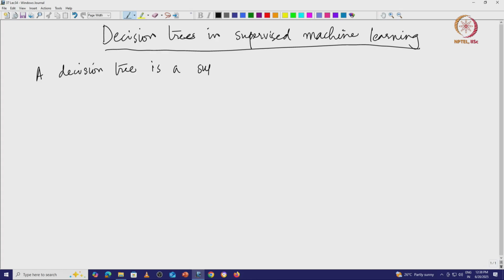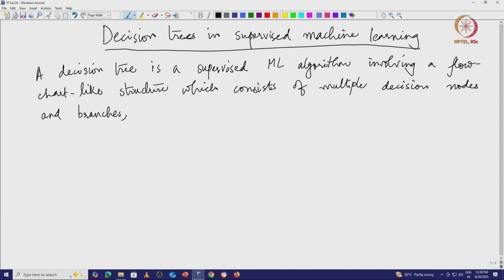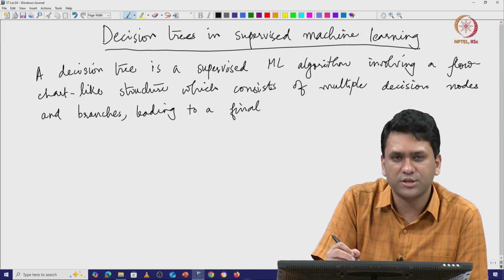is a supervised ML algorithm involving a flow chart like structure which consists of multiple decision nodes leading through branches to a final prediction.